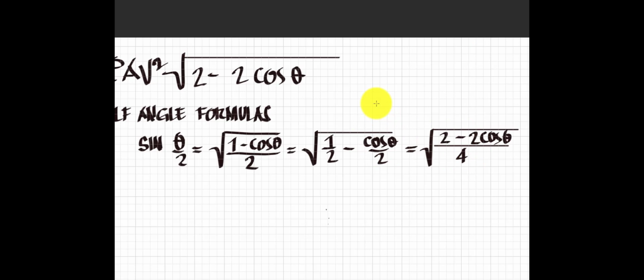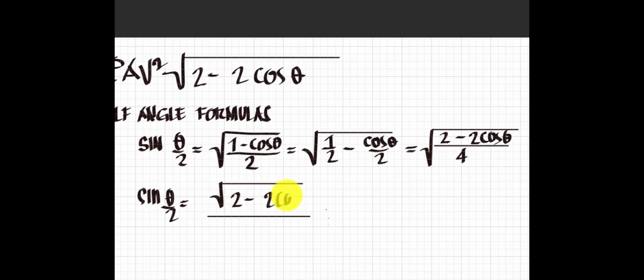Okay, so we can write this one as sine of theta over 2. So square root of 4. So we have the square root there on top. Okay, that will be square root of 2 minus 2 cosine of theta. Then this is the square root of 4.